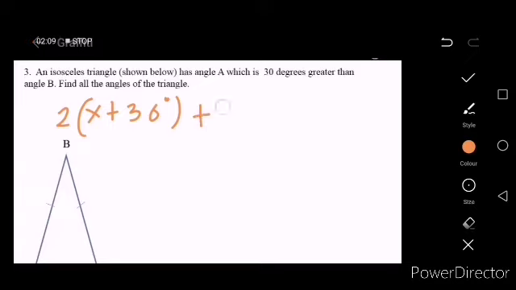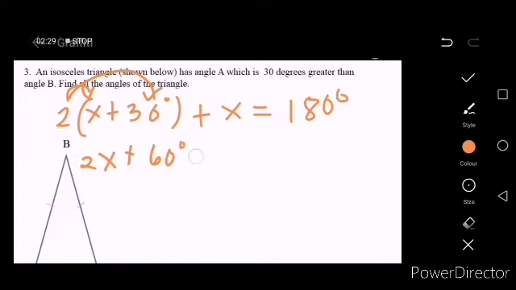Yes, yung angle B which is represented by x, and that is equal to 180 degrees. Now, to find the measures of the three angles, all we need to do is to solve for the value of x. Now, solving for the value of x will give you what? Oh, distribute. You have 2x plus 60 degrees plus x equals 180 degrees.